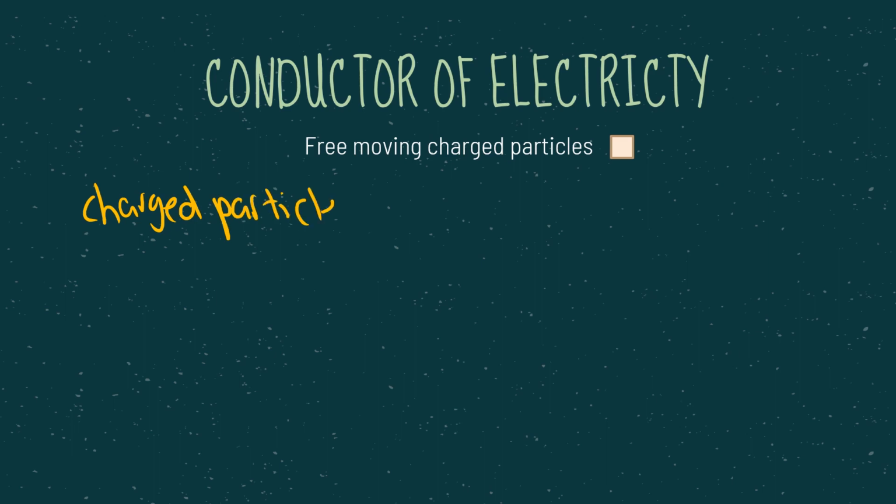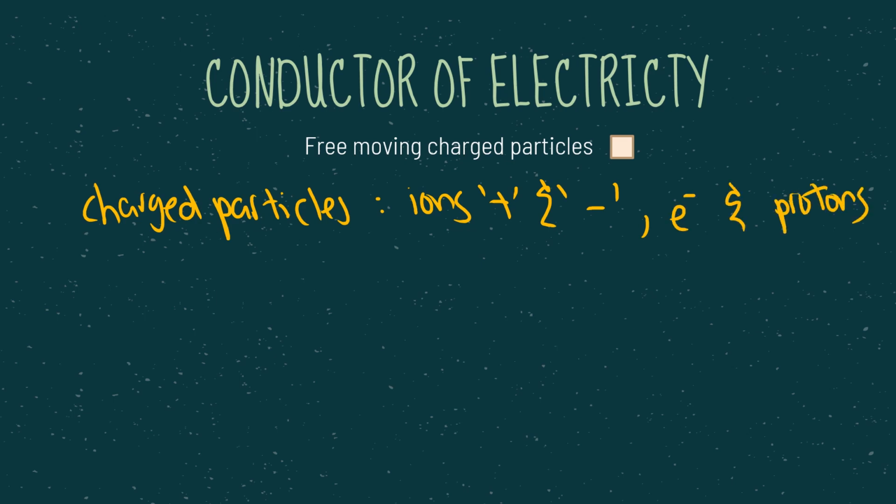Examples of these are your ions, both positive and negative. You also have your electrons, and last but not least, your protons. However, protons are found within the nucleus of the atom. So this means they are not free moving, so we don't really look at them. We just look at ions and electrons.